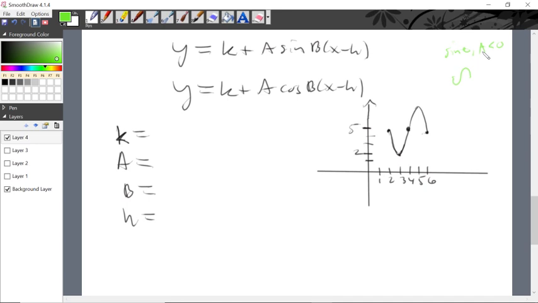Okay? Now the magnitude of A is equal to the amplitude. Right? Let's figure that out from the curve. The amplitude we can figure by taking the equilibrium value, which is 5, okay, and we can subtract from it the minimum, which is 2, right? That is equilibrium minus minimum, because we're given that information. Remember, if we had the maximum and the minimum, we could take the difference between the max and min and then divide that by 2.